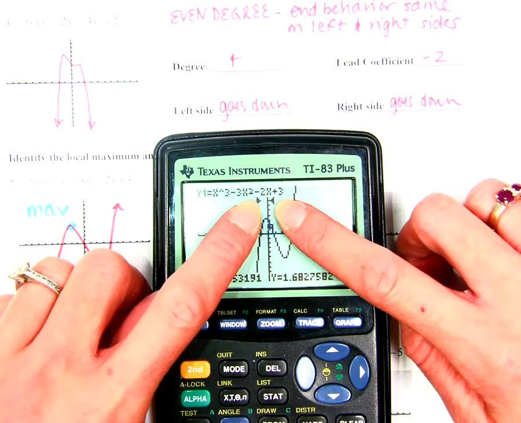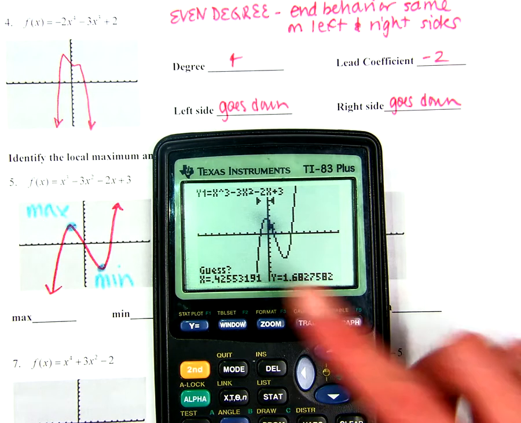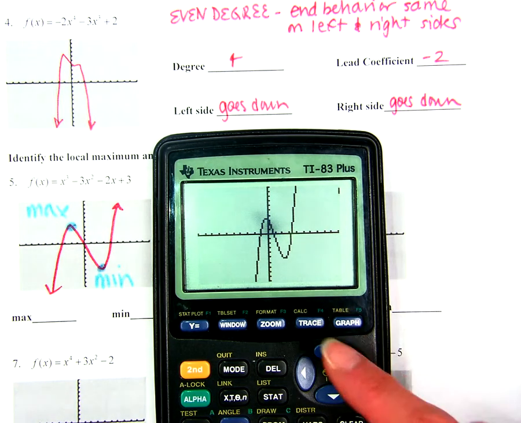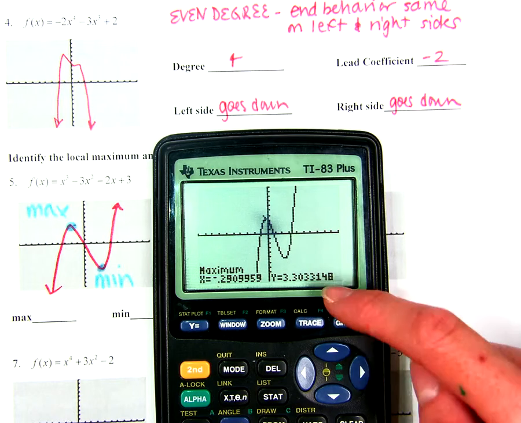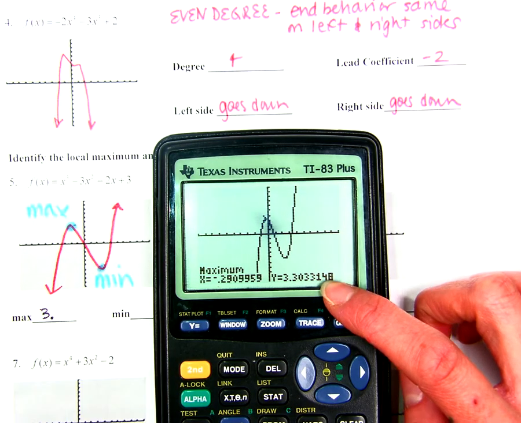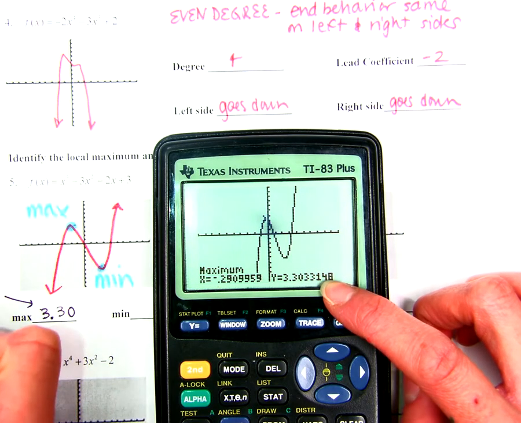And see these two arrows? Your maximum should be in between those two points, which it is, so you don't have to do a guess. If you want to, you can put your cursor up here. All right, so the thing you need to write down is only the y coordinate, and we're going to round to 2 decimal places, so 3.30, so just the y coordinate.